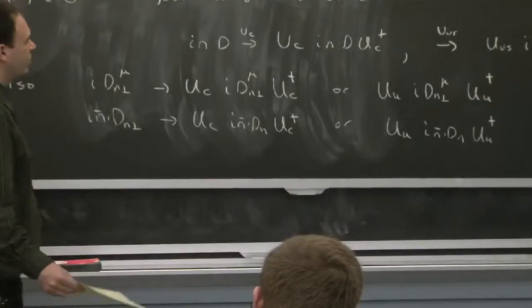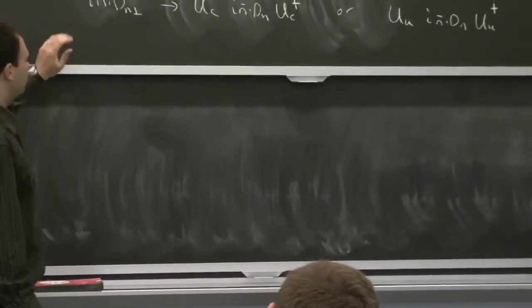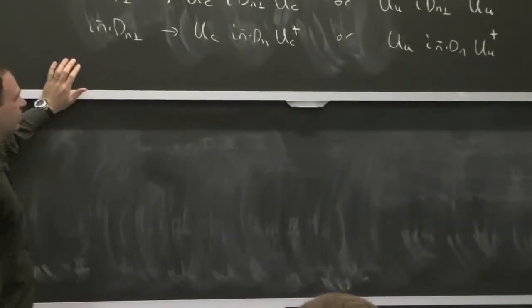This isn't quite how we wrote it before. We wrote it before as a transformation on the A. But if you put the transformation on the A together with the derivative, then you can write it like this.